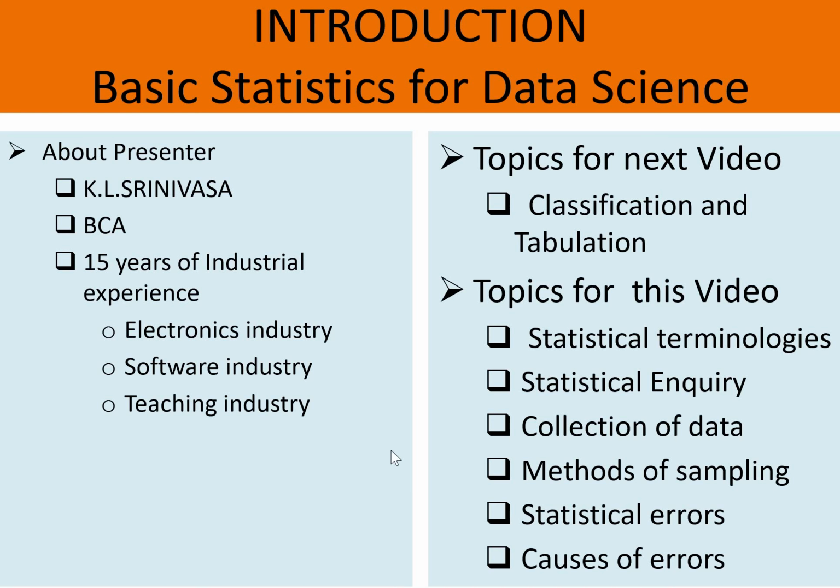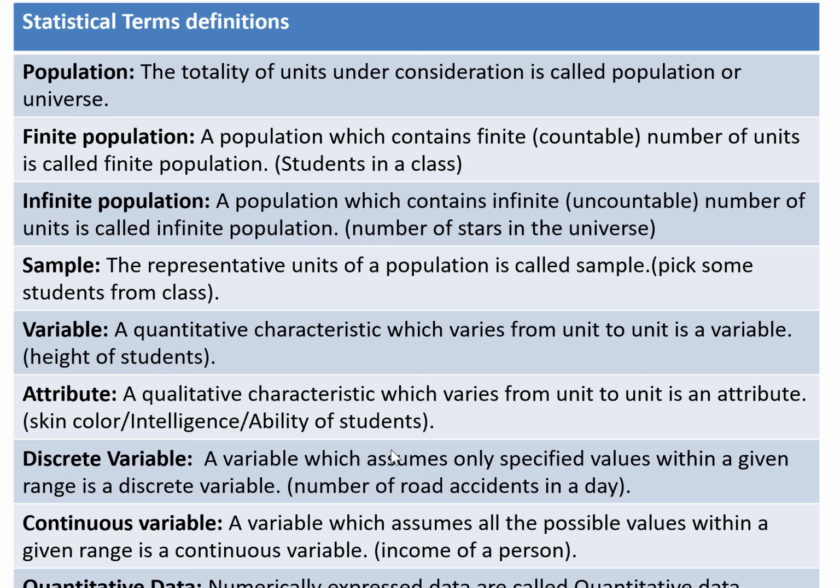Okay, let's get started with this video. I have some terminologies. In my previous video I talked about population and sample. Population is the totality of units under consideration. What is a finite population? A finite population can be counted, it has a finite countable number.